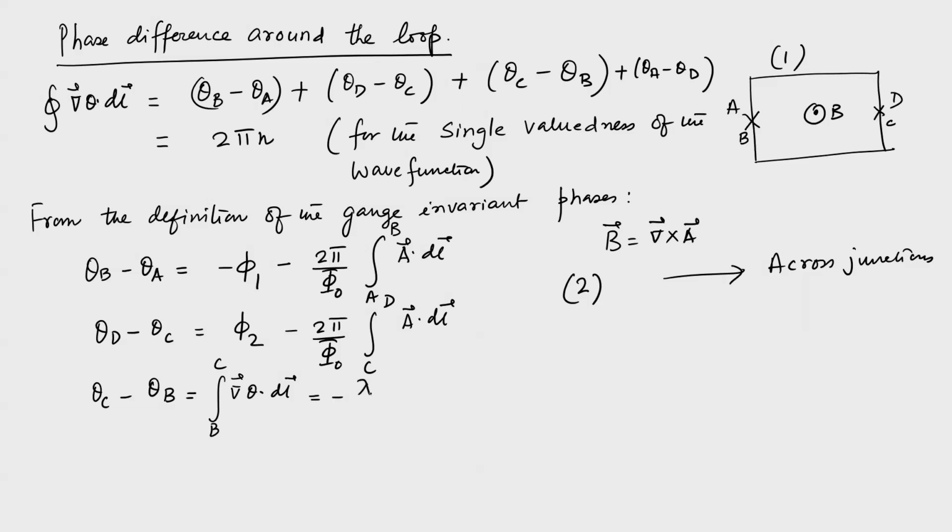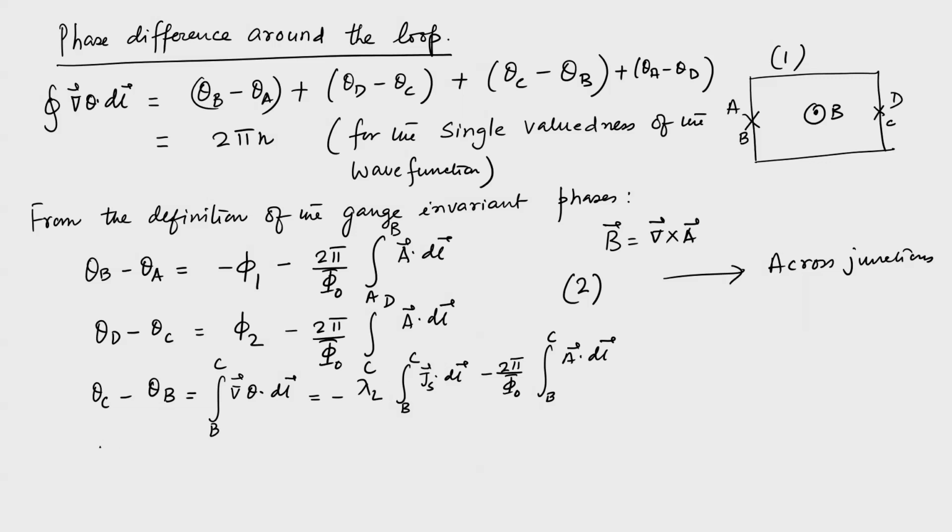It is equal to minus lambda L times the integral from b to c of Js dot dl, minus 2 pi over phi 0 times the integral from b to c of A dotted with dl. Remember that this is coming from the London equation. Lambda L is the London penetration depth. This is for the superconductor. For the junction, of course, this term is not there.